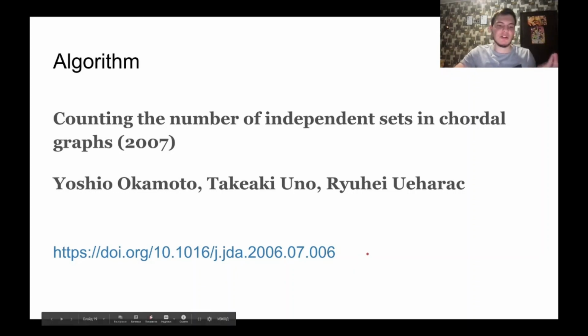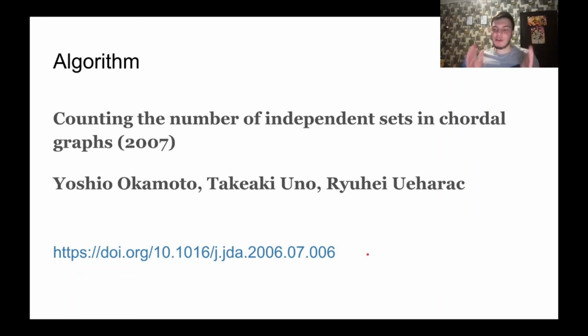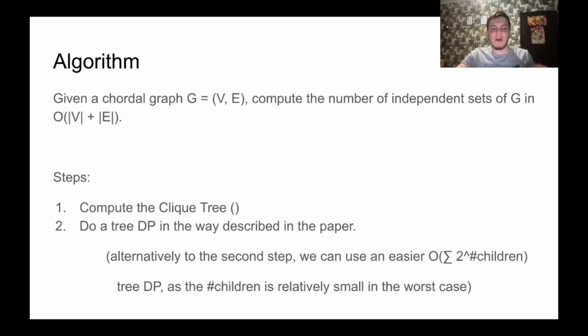It won't take you a lot of time, but I don't want to focus on it here because the DP is also not that hard. It just reduces this 2 to the power of children DP to an additional state, which is just the state of the last child. You don't really need to go through all the bitmasks of the children.